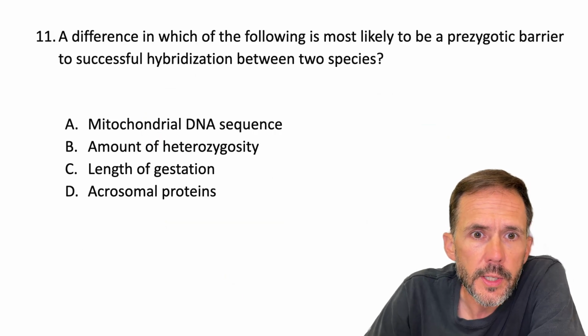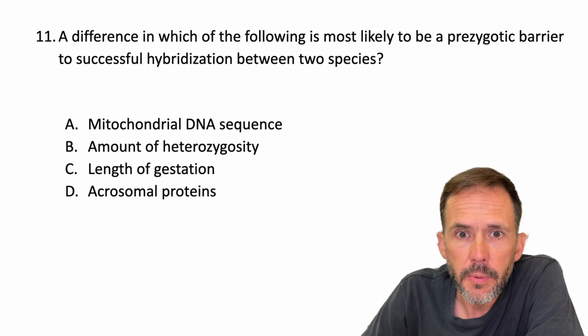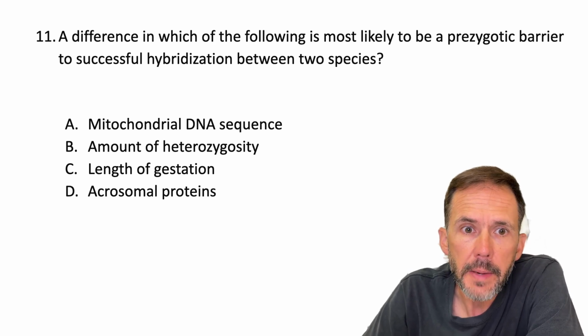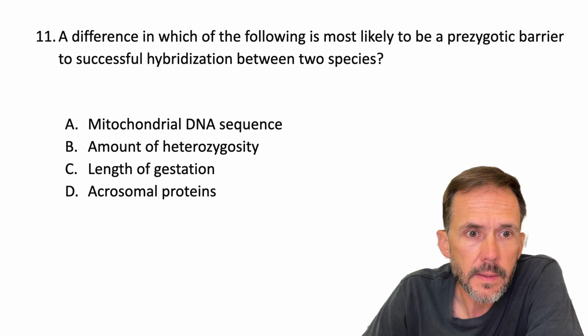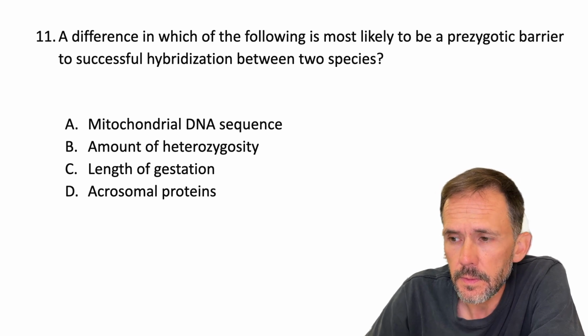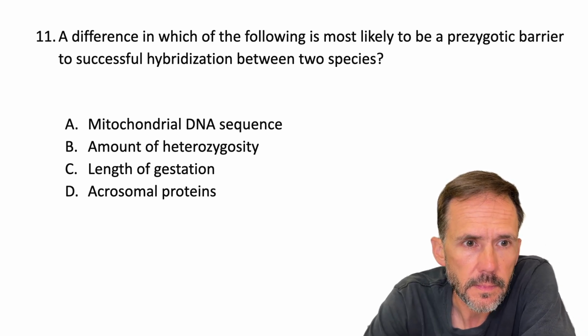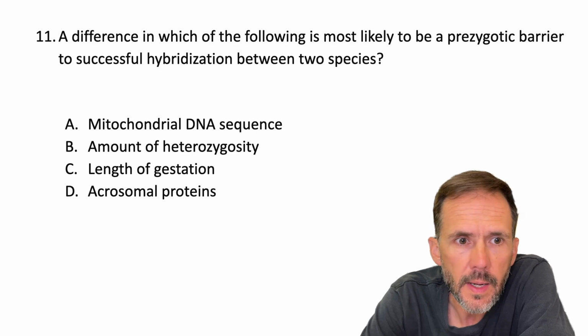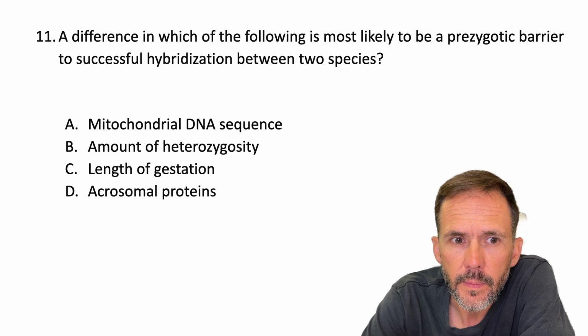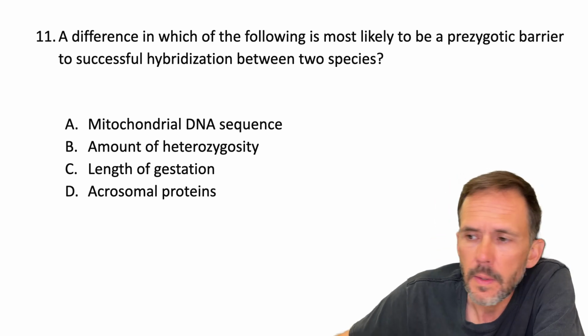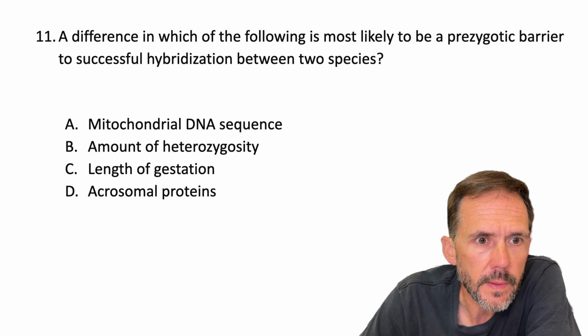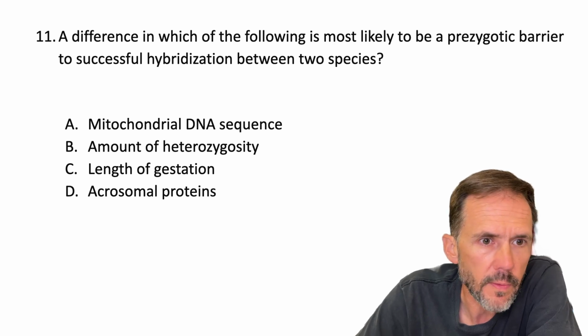Which of the following is most likely to be a prezygotic barrier to successful hybridization between two species? So mitochondrial DNA is not going to influence the ability for zygotes to fuse or for one to fertilize the other.